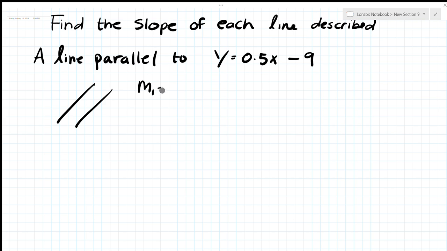The slope of m1 must equal m2. So what is our m1? What is our first slope? m1 is 0.5, right? So the question asks, find the slope of the line described parallel. So what would be my m2? According to this rule, they must be the same, so m2 must be 0.5.